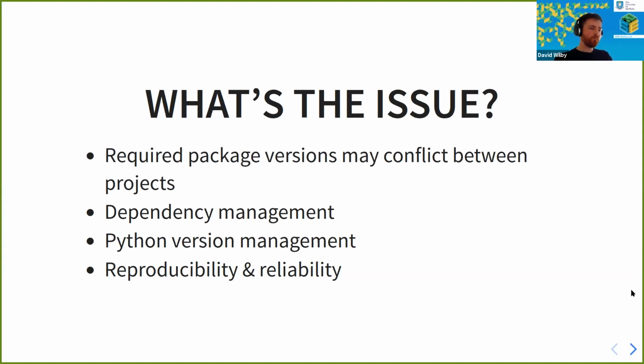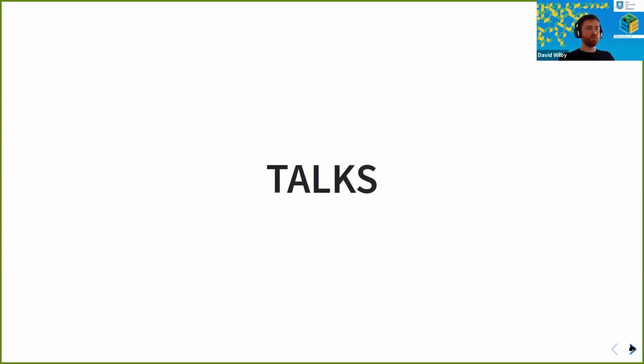So those are some of the challenges that using Python can present, and something that virtual environments may be able to help with. So without further ado, I'm going to stop sharing and we'll pass over to our first speaker, which I believe is Matt.